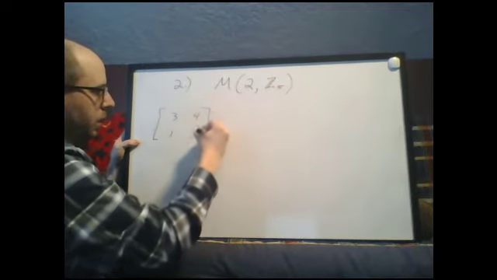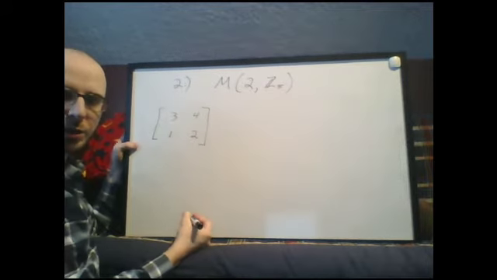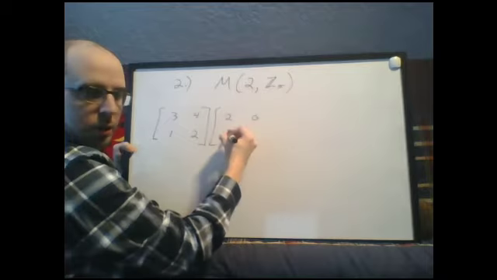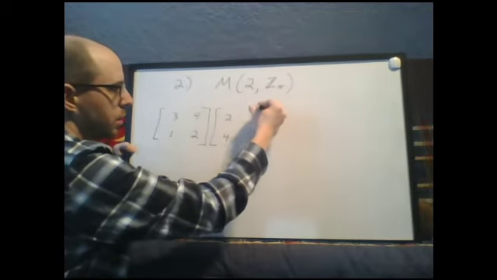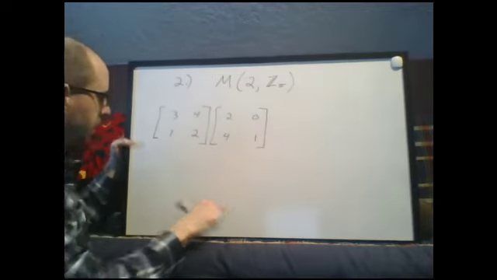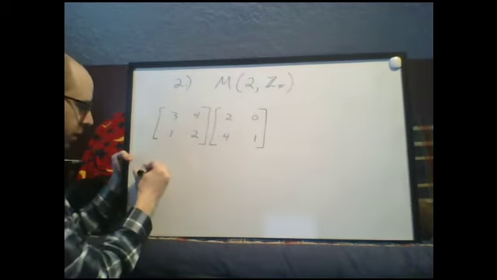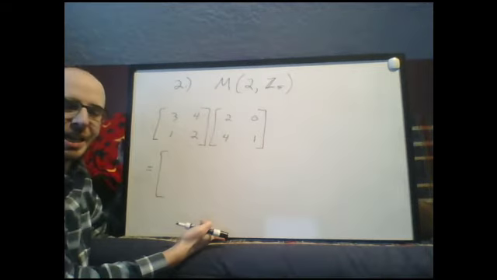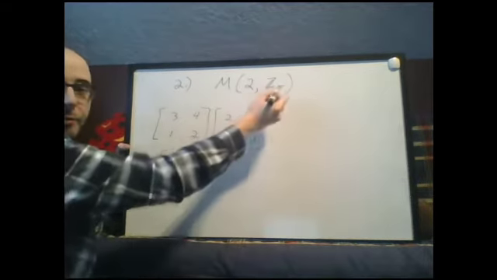So we're multiplying the matrix [3, 4; 1, 2] times the matrix [2, 0; 4, 1]. This is just like ordinary matrix multiplication, except when I get to the multiplication and addition of these numbers, I'm doing it all mod 5 again.